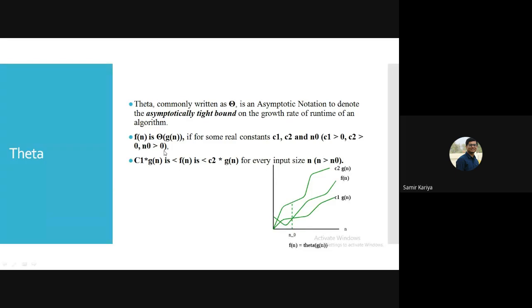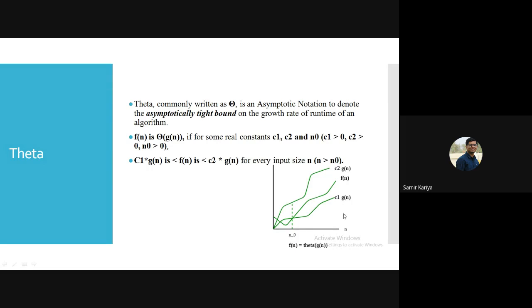See, what is the definition? For this one, we have to find two constants: C1 into g of n, that is less than f of n, and C2 into g of n, that is greater than. That means we are just depending here on C1 and C2.